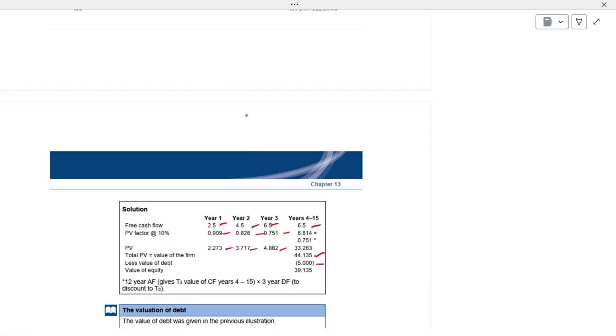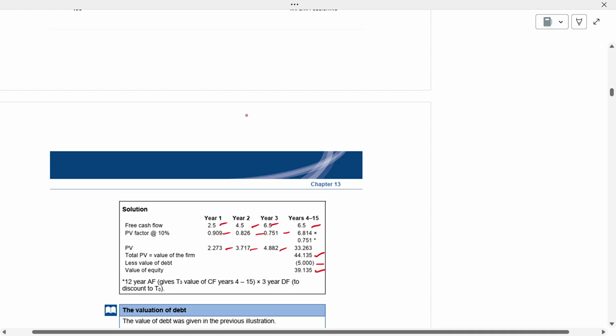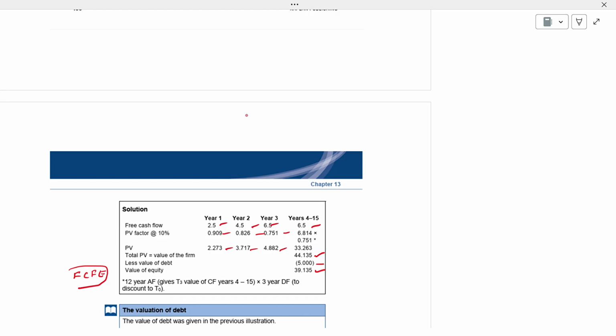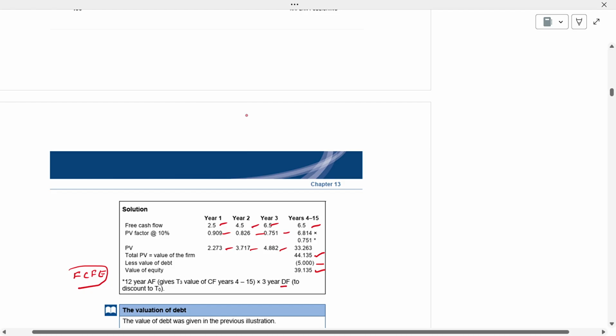You get the value of equity. Very, very important. This is not free cash flow to equity, but these are the concepts which are going to help you in reaching the conclusion. Because it is a consistent approach, they have taken the annuity factor.